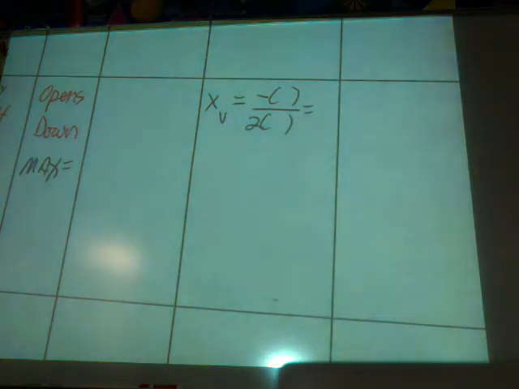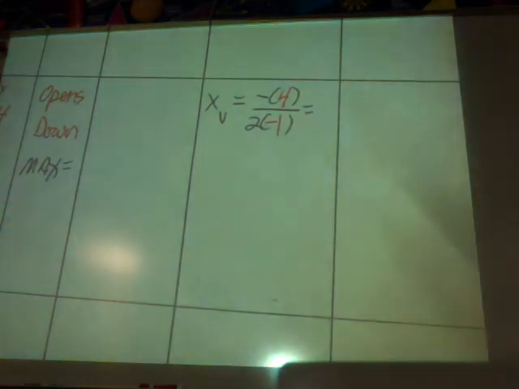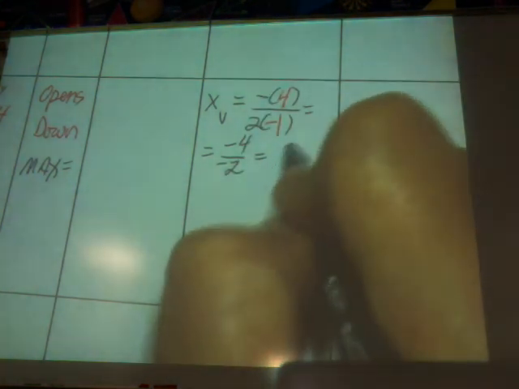So the x value of our vertex is the opposite of b over 2a. So b is 4. A is negative 1. I end up with negative 4 over negative 2, which is what? 2.